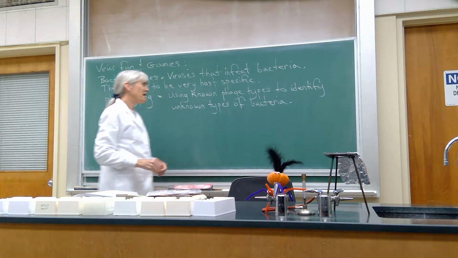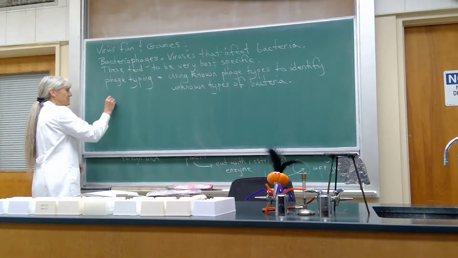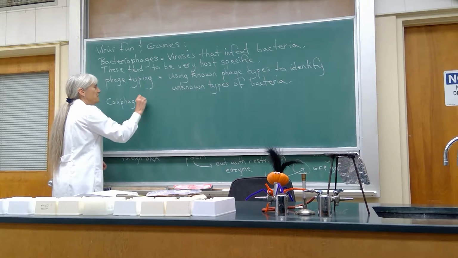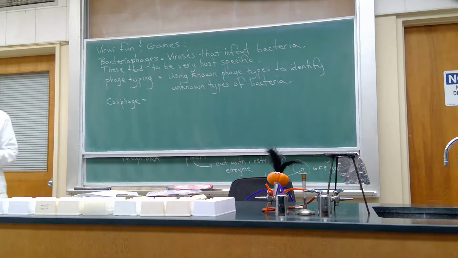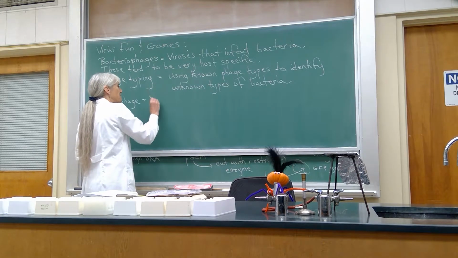For this particular exercise, we're not using just any bacteriophage. We are using colophage. What is a colophage? The coli part of this tells you this is a virus that infects E. coli.